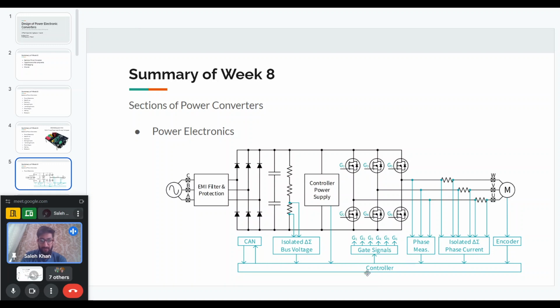Those are separate sections. The power electronic portion would be the inverter portion, the rectifier portion, even the EMI filter. This particular converter may not have any snubbers, but if it had, those snubbers would also be included in the power electronic portion.